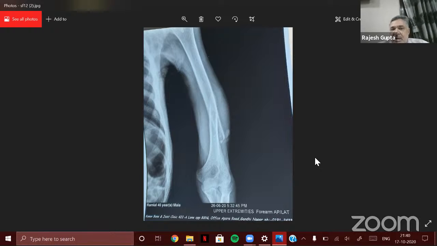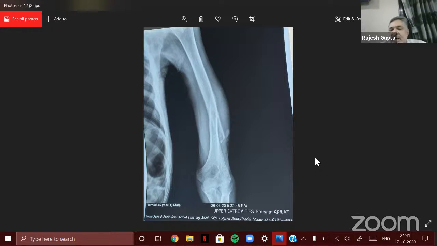And any other faculty want to contribute? See, the basic issue is because he is mentally retarded, the functional use of his joints may be very limited. So even if we just clean it out and maybe give him a splint or some sort of slab and hold it for some time and let it unite, because immobilizing any of his joints would lead to more problems than it solves for him.